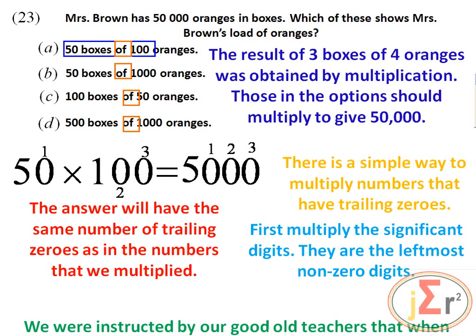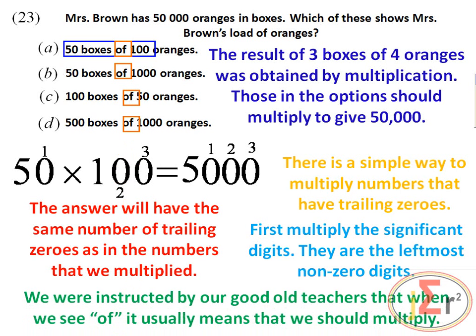Not only that, we were instructed by our good old mathematics teachers that when we see "of", it usually means that we should multiply. So the "of" that we have in each case is a great indication that we are required to multiply.